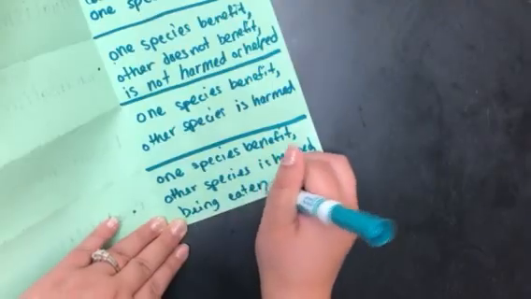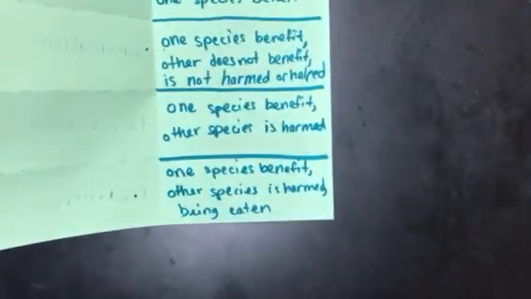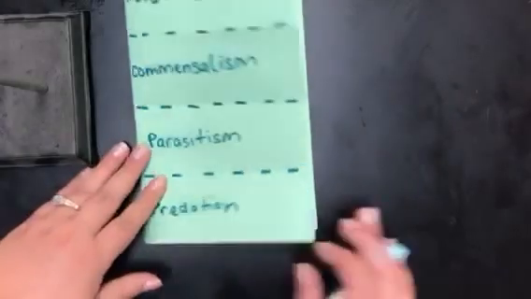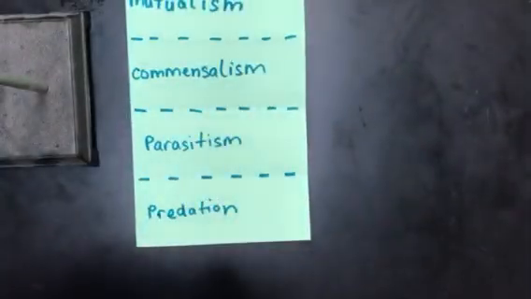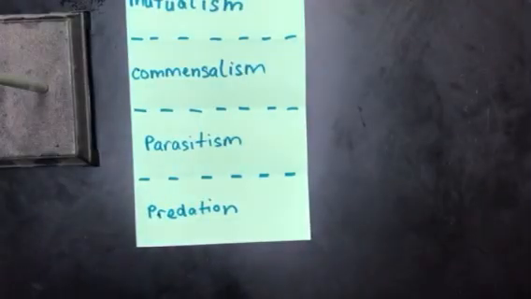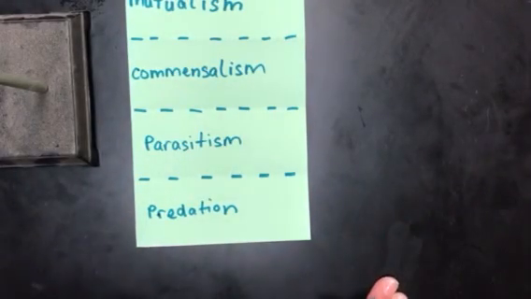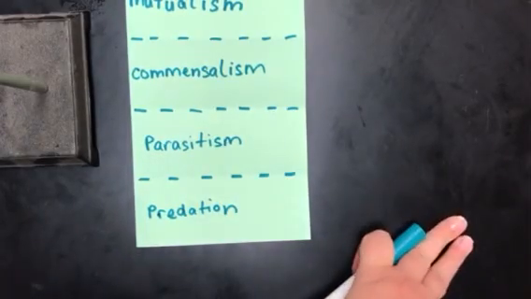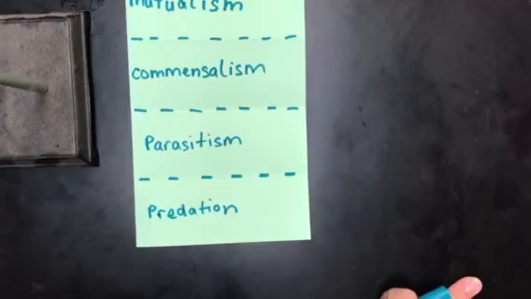And this happens all over in ecosystems, okay? That's nature, where one predator preys on the other. So a good example would be a lion preying on a zebra, or an animal eating a plant. That would be considered predation.